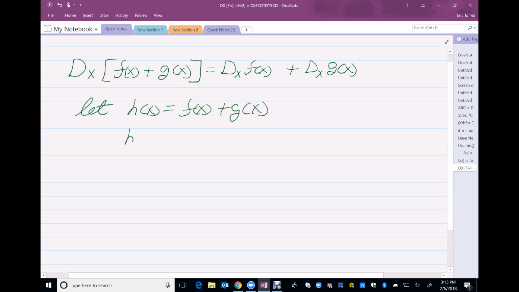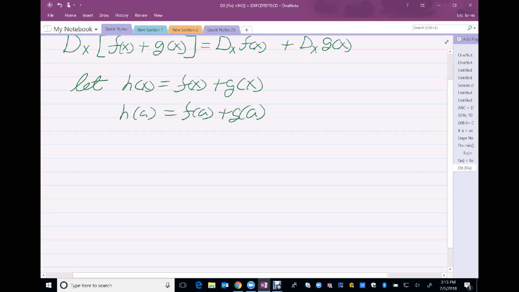And h of a then will equal f of a plus g of a. Now, so then the derivative of f of x plus g of x can be rewritten as the derivative of h of x.